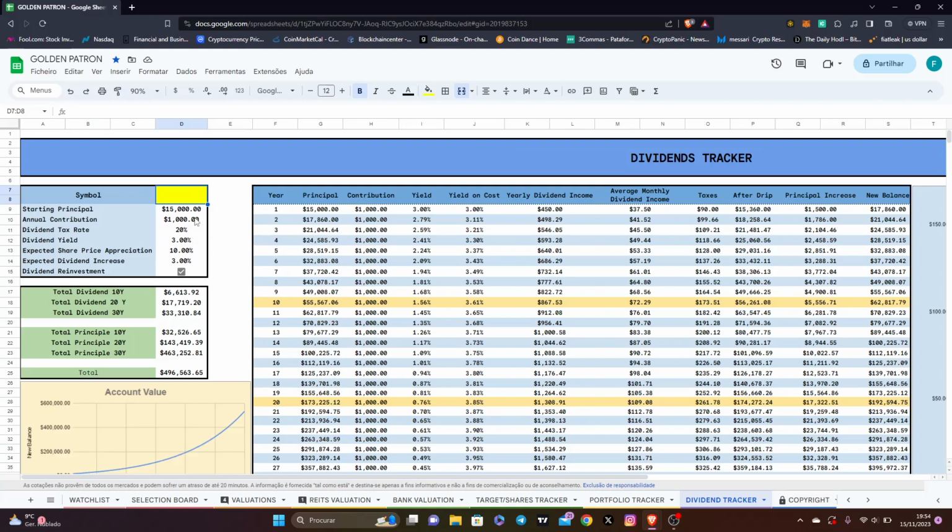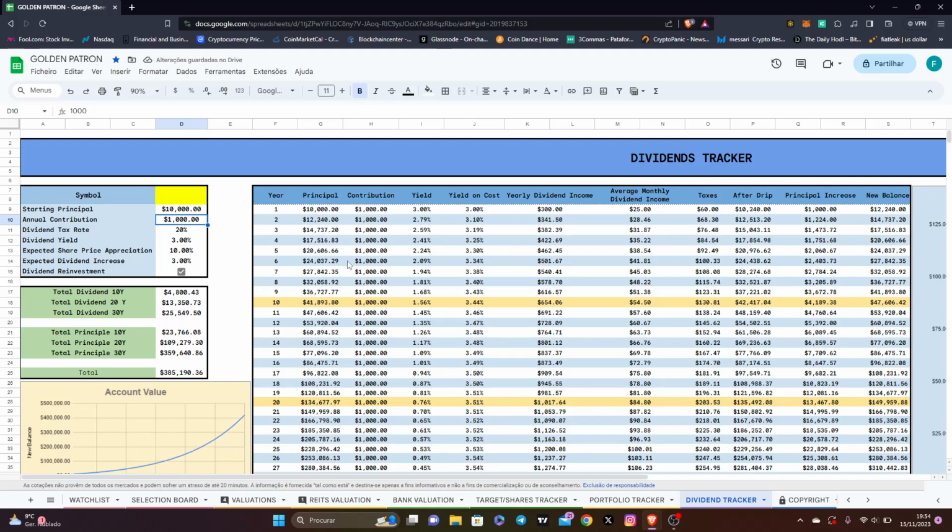So, to begin, what we have to do is fill in the data in this blue block right here. Let's say we want a $10,000 initial investment. Once we plug in $10,000, you can see everything changed.